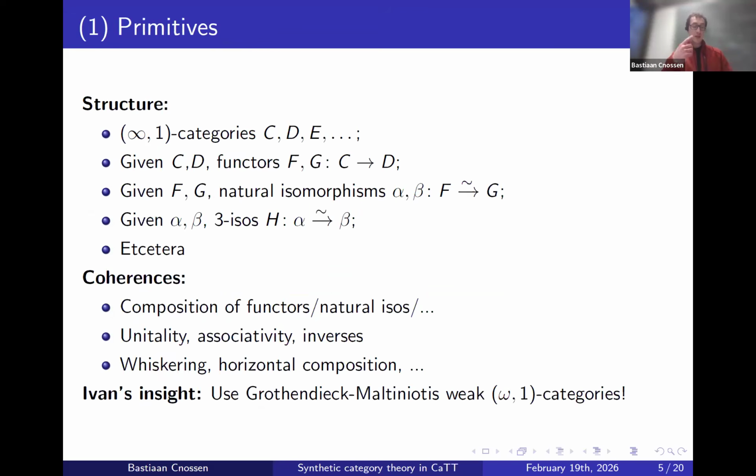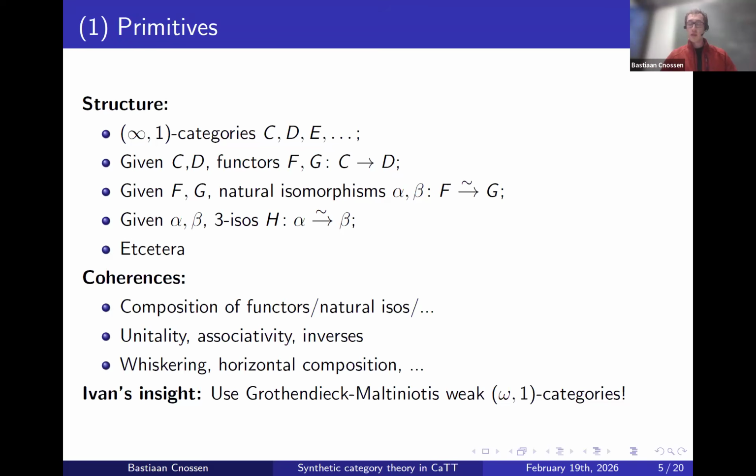And then there is some inductive procedure where, given two infinity one categories C and D, we need to be able to talk about functors between them. Given two functors F and G, we need to be able to talk about natural isos between them. Given two natural isos, we need to talk about three isos between those. So whenever you have some notion of n isos, you want to be able to say that they are equal, and equal means that you just provide an n+1 iso between them.